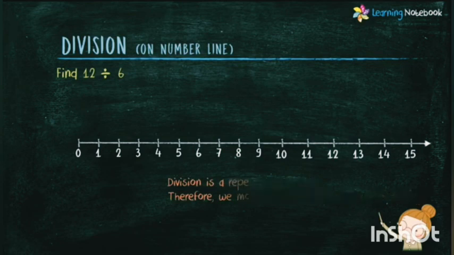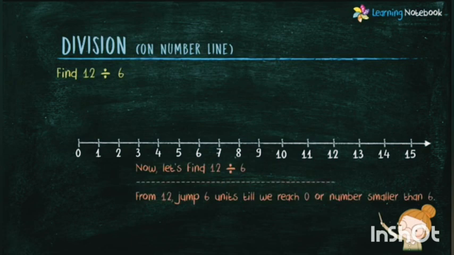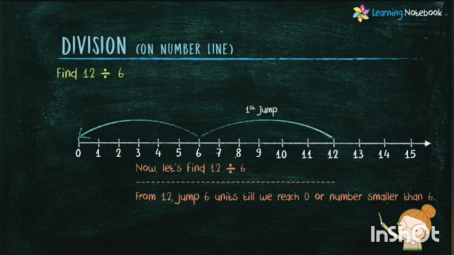So, let's divide 12 by 6. From 12, jump units equal to the divisor, which is 6 in this case, and keep jumping till we reach 0 or a number smaller than the divisor.